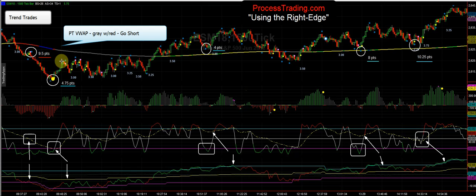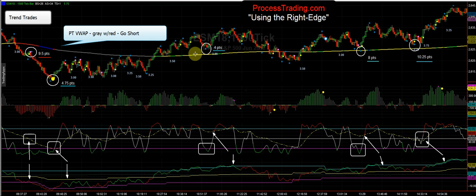So here, here, here, here. And just the opposite, if you're going to go long, you can take a long trade if the process trading VWAP is yellow and the timing alert dots are below the price bars. So that would be like here, here, and here.